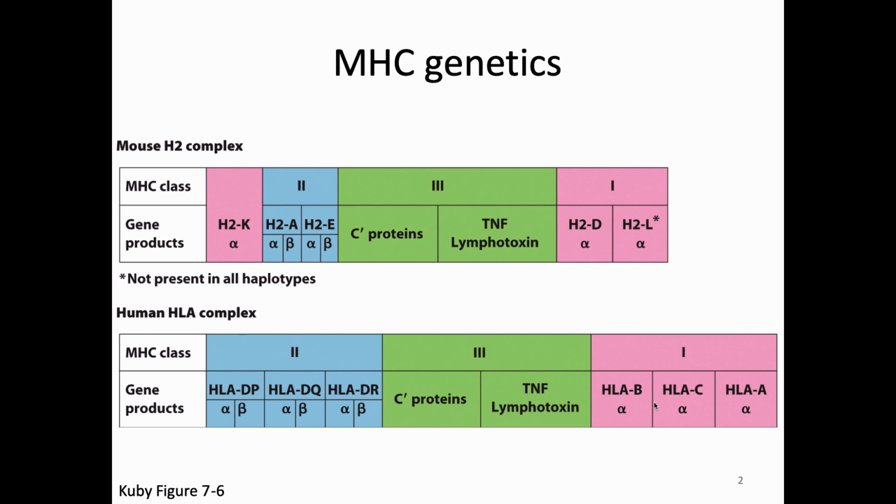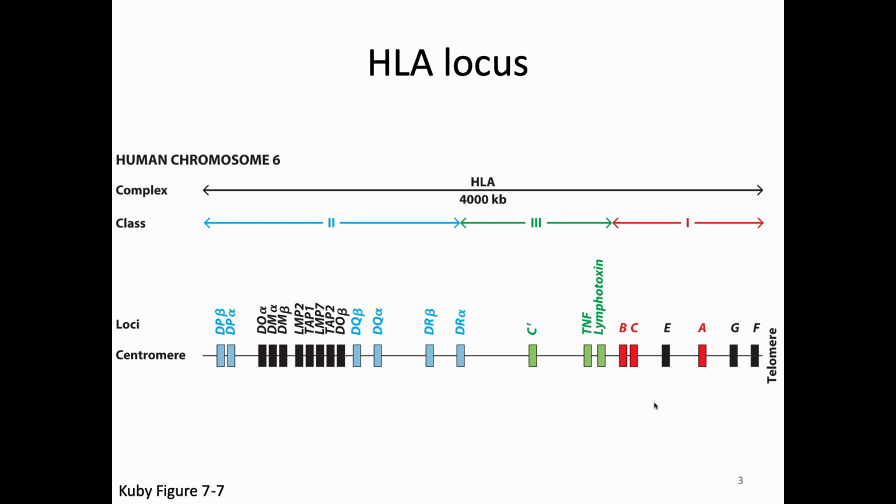We now know that if we look at the HLA, or human leukocyte antigen locus, we can see it's about 4,000 kb on human chromosome 6, and it has 3 different regions. The class I region, the class II region, and the class III region.